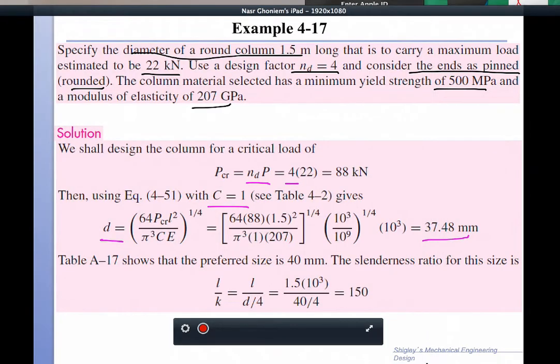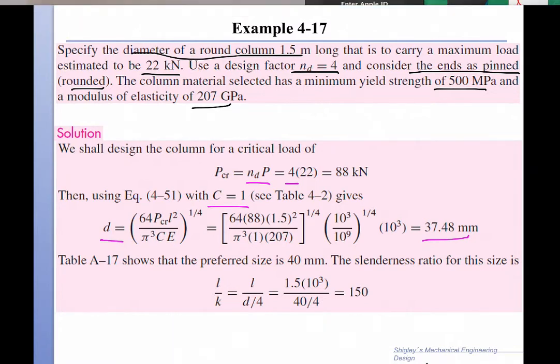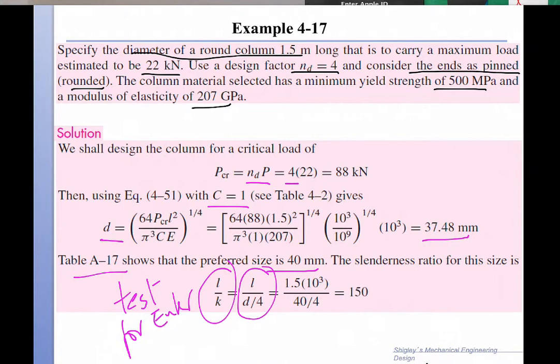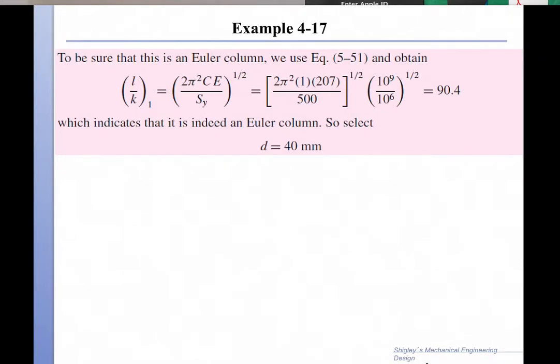So if you go to the table A17, it gives us the preferred size to be 40, and then we start testing. We test here for Euler, and L over K is L over D over 4. It turns out to be 150, and then we want to find L over K sub 1, which is obtained by equating half of the yield point to the critical stress, and that comes to be 90.